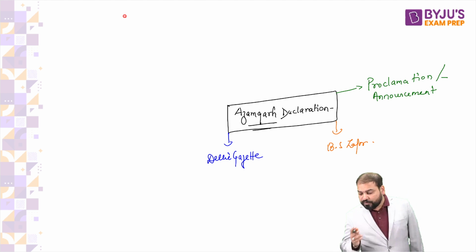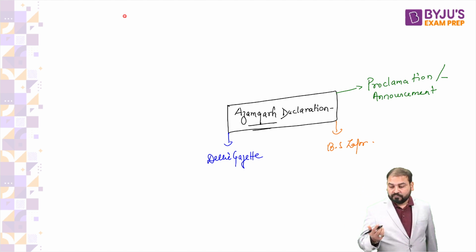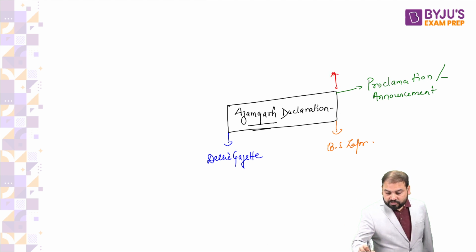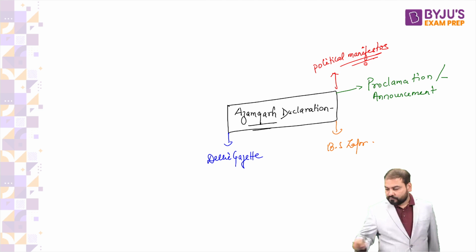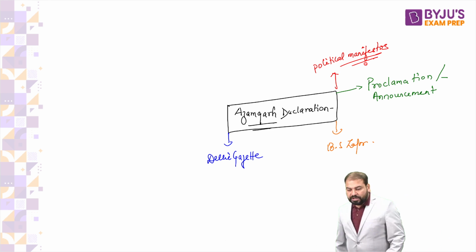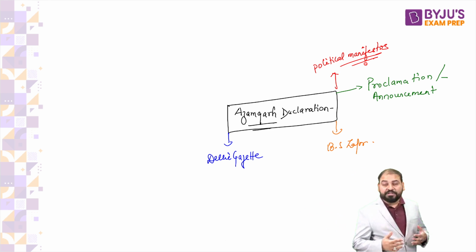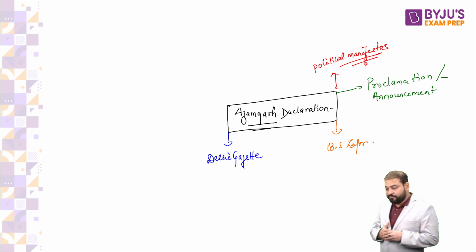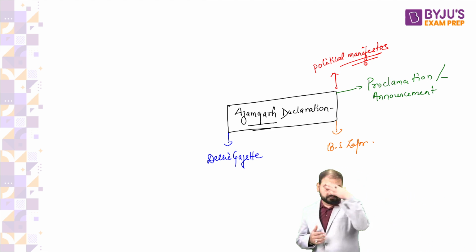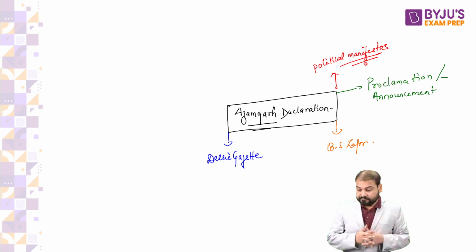Basically, do you understand a manifesto? Do you understand political manifestos? Just before the elections, political parties make a lot of promises. For example, the recent one, Karnataka. How many of you are from Karnataka?